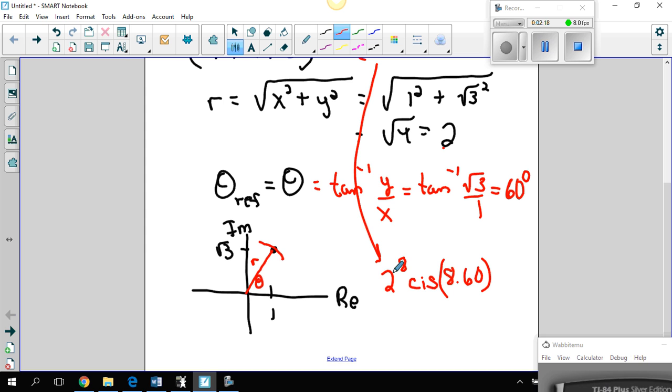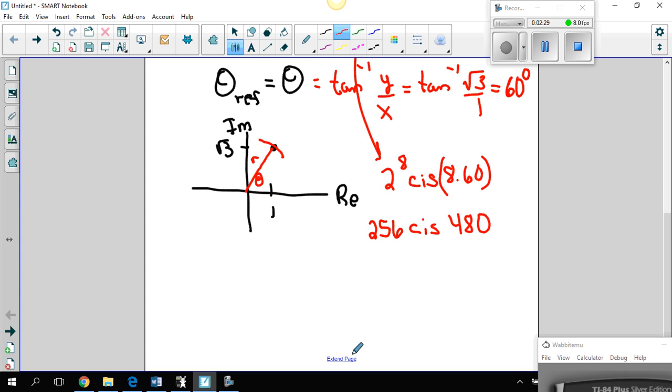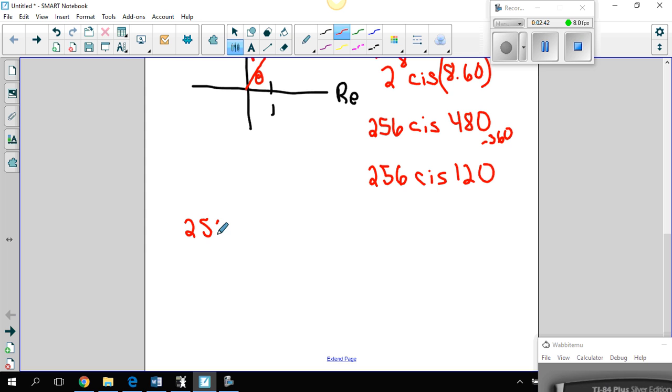And 2 to the fourth and 2 to the fourth is 16 times 16, 256. CIS 480. But 480 degrees is the same, you subtract 360 and it's 120. So 256 CIS 120, which is 256 cosine 120 plus i sine 120.